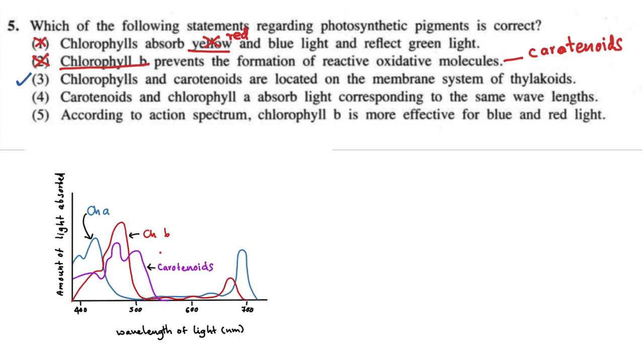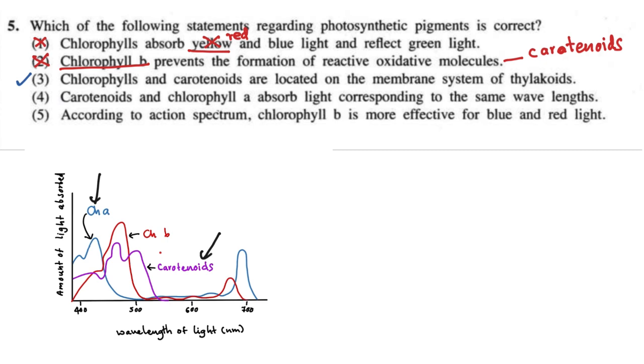In that, we need to check for carotenoids and chlorophyll A. Chlorophyll A is in blue here, and carotenoids in purple here. So we can see they absorb light corresponding to different wavelengths.